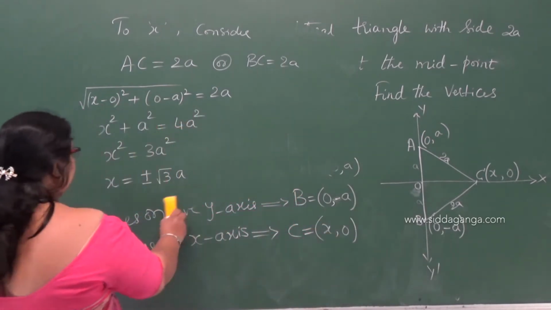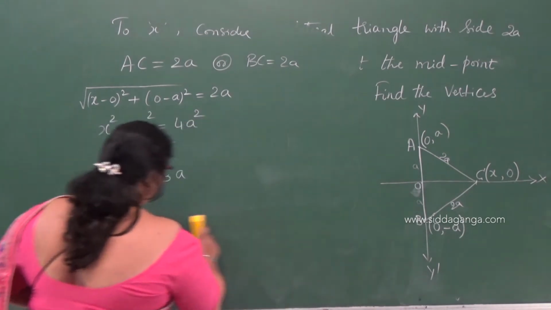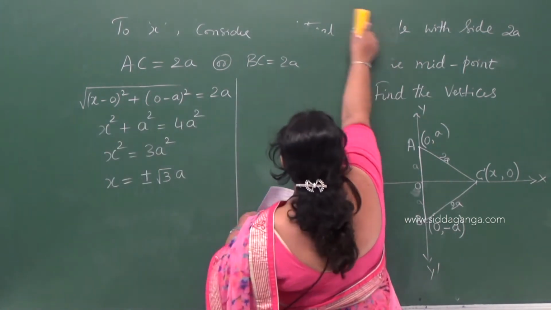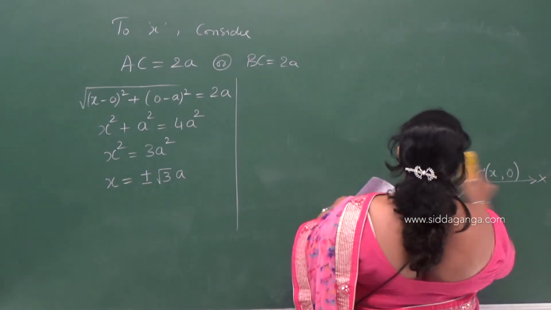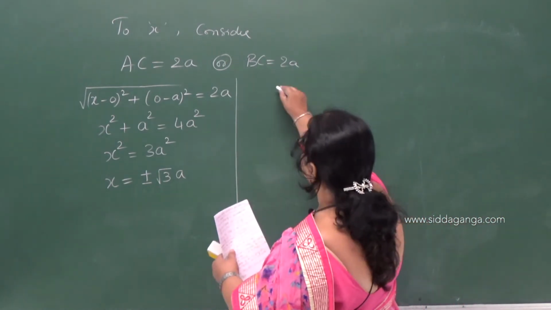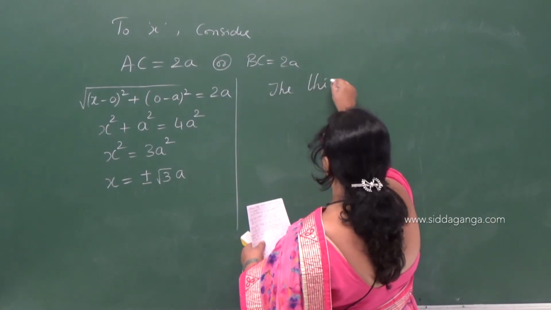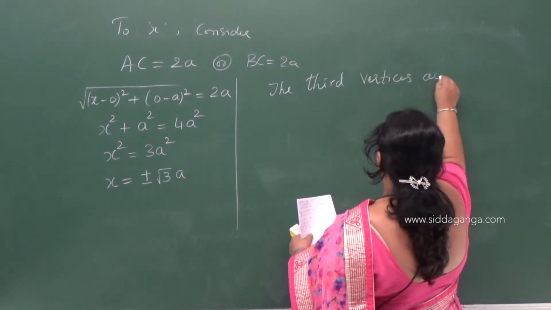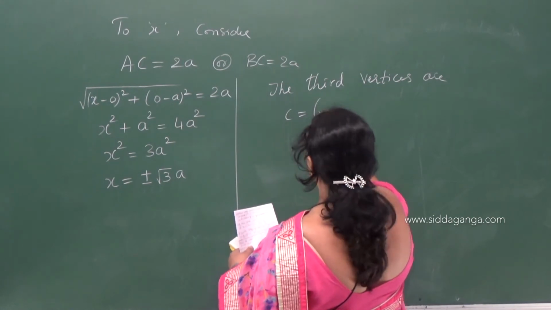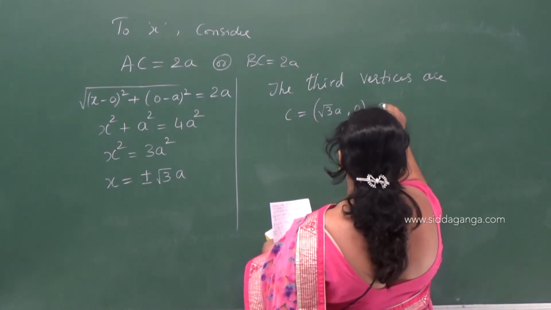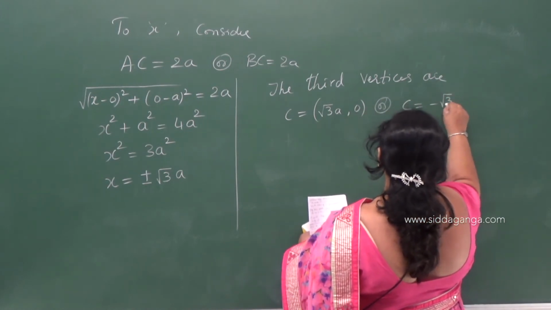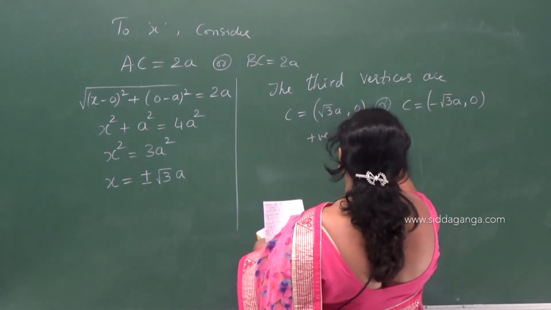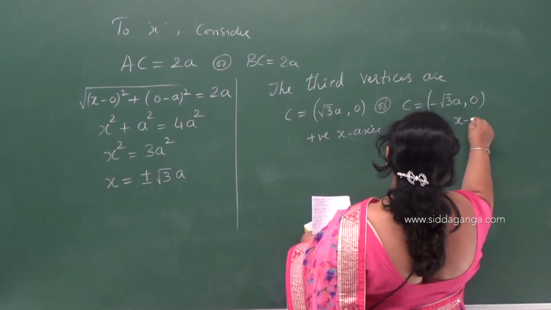Therefore the third vertex is C equal to (root 3 a, 0) or C equal to (minus root 3 a, 0). This point lies on the positive x-axis and this point lies on the negative x-axis.